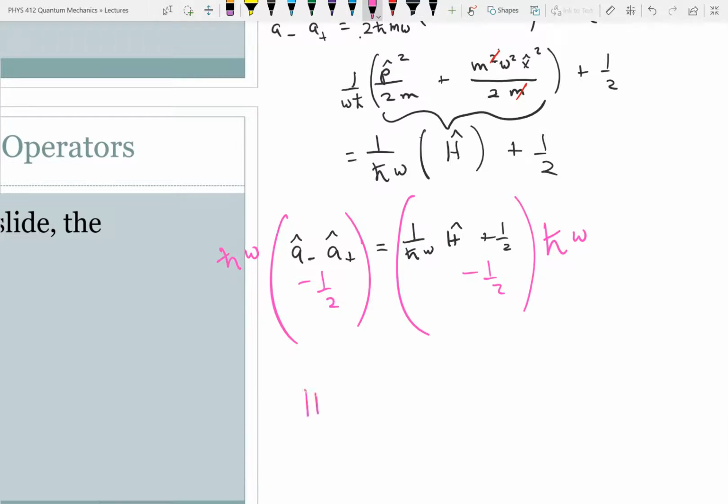And what we have is the Hamiltonian is equal to H bar omega, A minus A plus, minus 1/2. So here I've written the Hamiltonian in terms of these A minus and A plus operators.